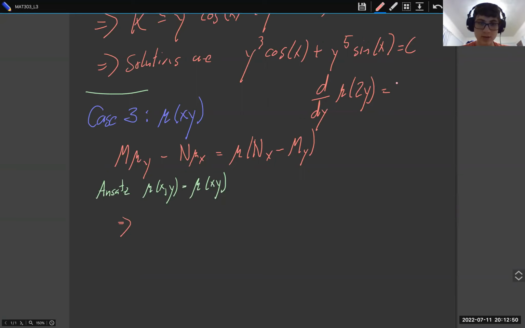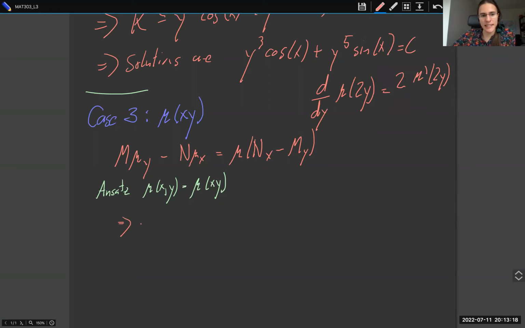The derivative, the partial derivative of mu with respect to y, is mu prime of 2y times 2. And so if instead of 2 we have x here, then we get x, because x is just a constant.